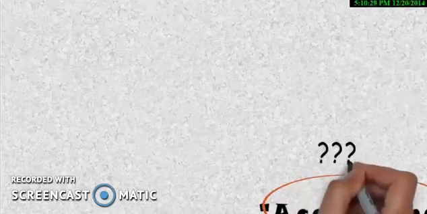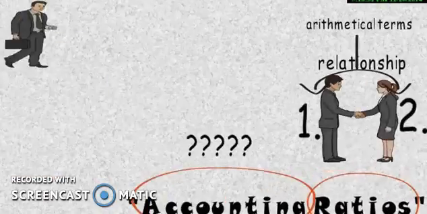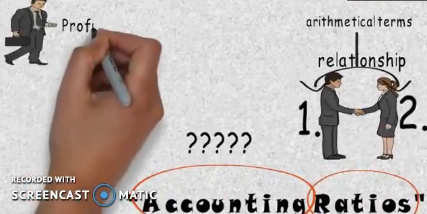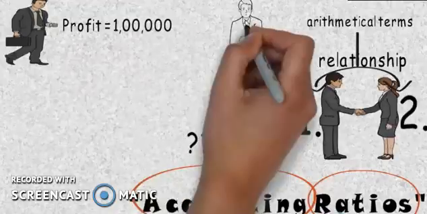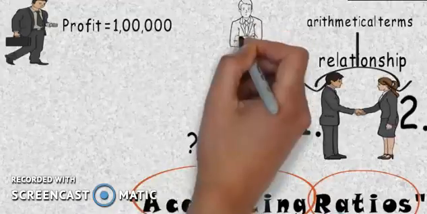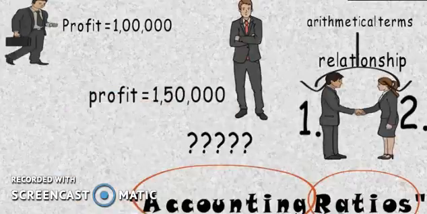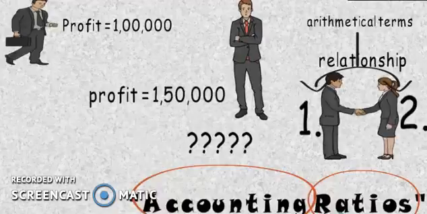But why do we need to understand ratio in accountancy? Suppose there are two companies, and the manager of company ABC quotes a profit of 1 lakh and the manager of company XYZ quotes a profit of 1,50,000. Looking at this, I might think XYZ is better because its profit is higher.